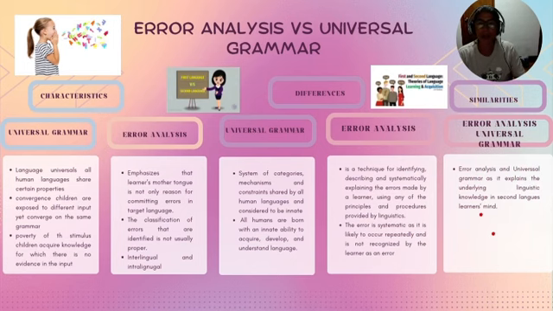Good evening, Magister. I talk about universal grammar versus error analysis. Universal grammar is language knowledge that consists of the abstract mental representation of language and the computational mechanism associated with it, which the entire human species calls competence, not performance.